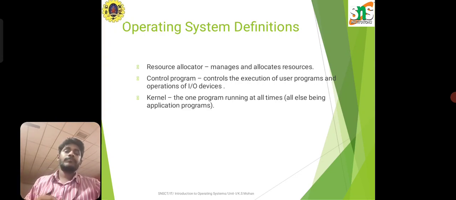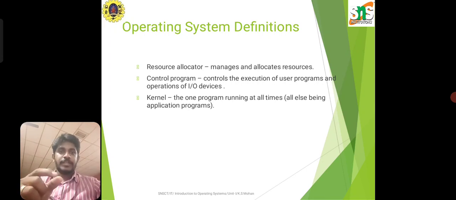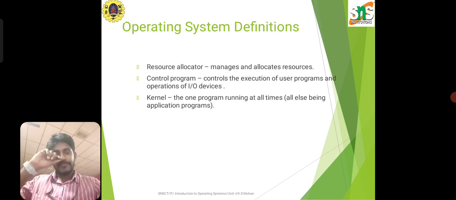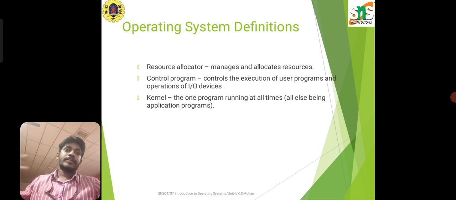So these are the major important definitions we see as operating system definitions: resource allocator, control program, and kernel. The control program mainly controls the execution of user programs and operations of input output devices.